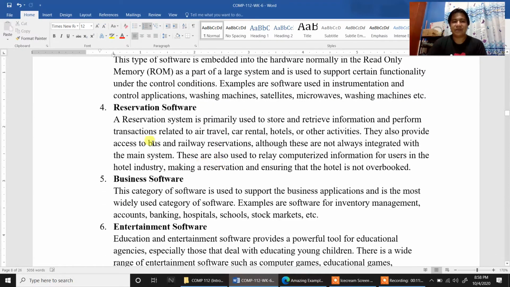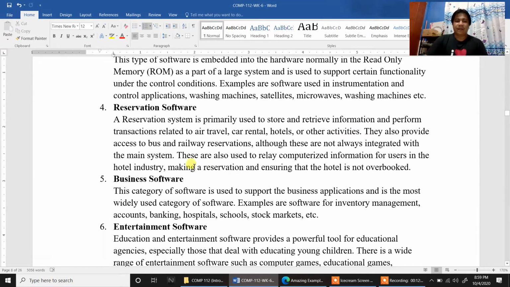Then we have the reservation software, especially for travel agencies, car rental, hotels, and activities. These examples of software are created and customized by programmers. Companies hire programmers to create software intended for their business, such as air travel, car rental, hotels, and other activities.